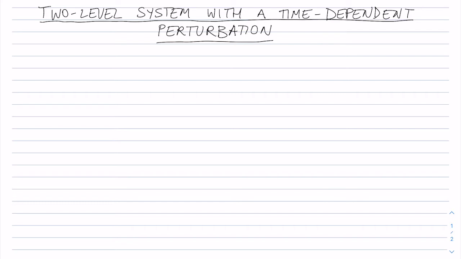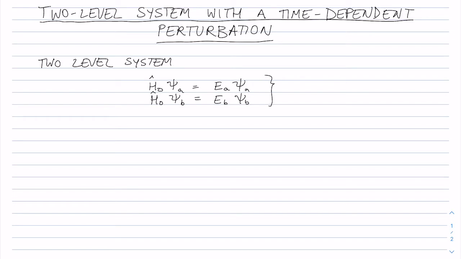So we start off with a two-level system and some arbitrary Hamiltonian H naught, where H naught psi A equals EA psi A, and H naught psi B is equal to EB psi B. So we've got two different levels, EA and EB, with corresponding wave functions, and we only have these two levels.